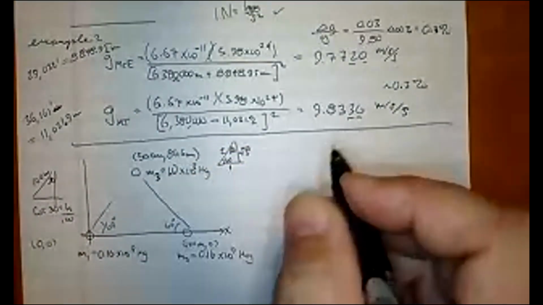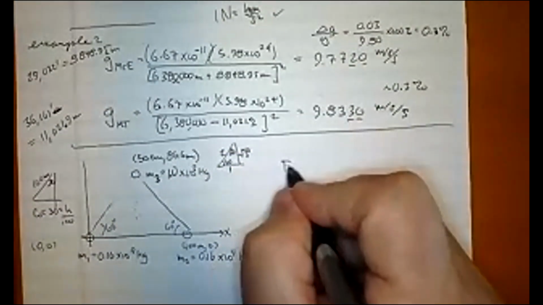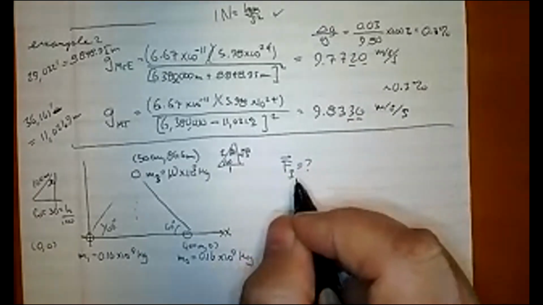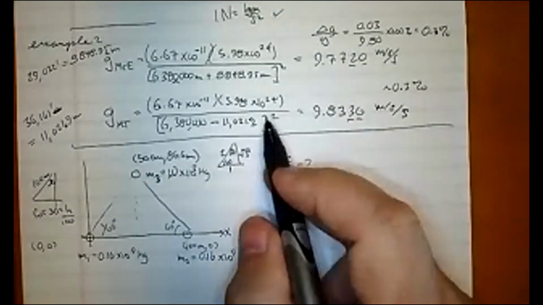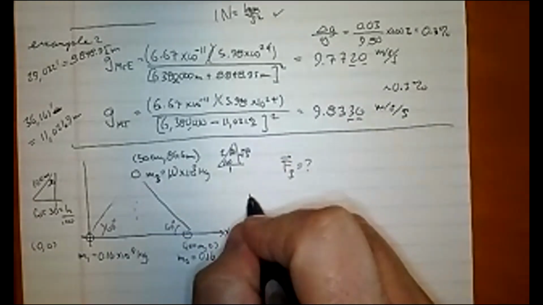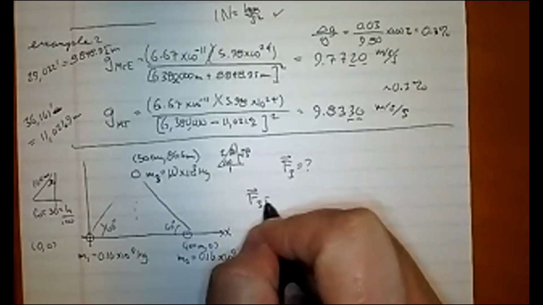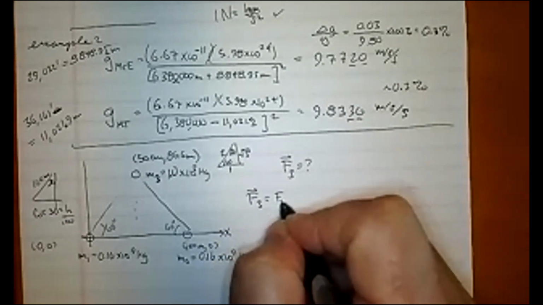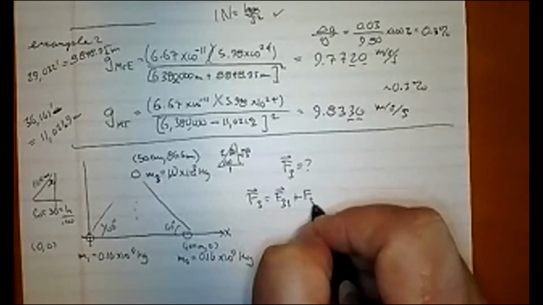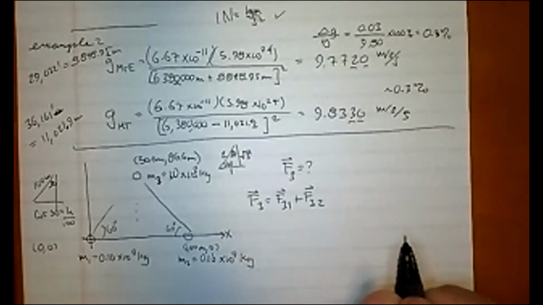Okay. What I want to find out here is what is F3? In other words, what's the total force on this one mass at the top as a result of these two? From a formula standpoint, we know that F3, that's what I'm calling it, is the force on 3 due to 1 plus the force on 3 due to 2, in vector language.